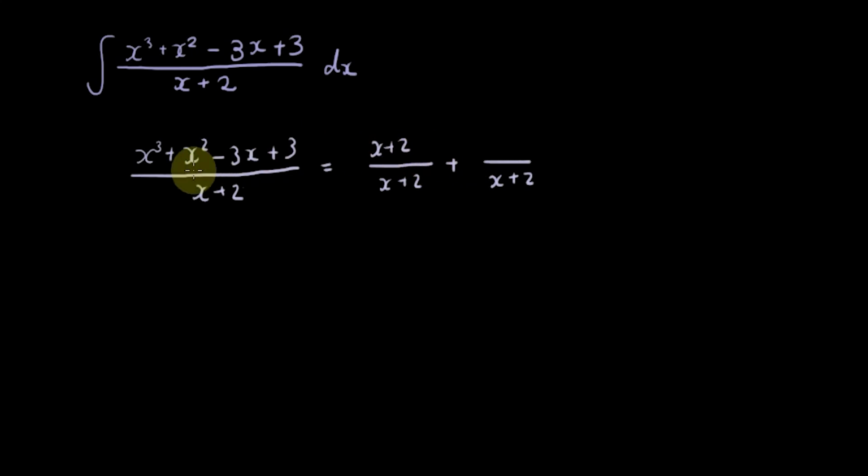We have x cubed, doesn't have anything here, so we'd have to plus x cubed plus x squared, because there's nothing there, plus there's already an x, so if you plus negative 4x, you'll get negative 3x. And then if you got a plus 2 here, so if you plus 1, you'll get plus 3.